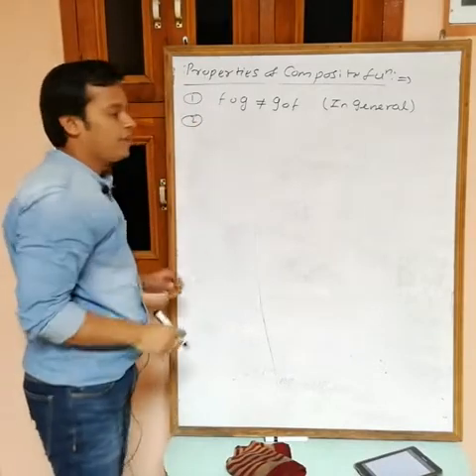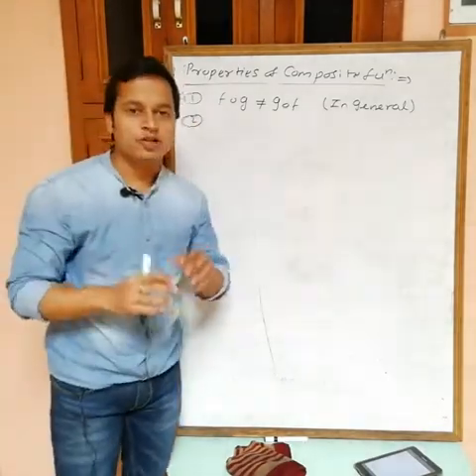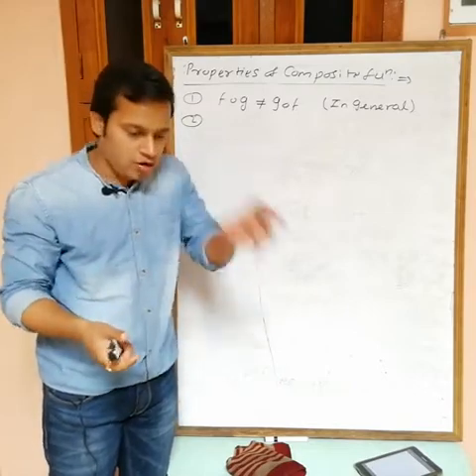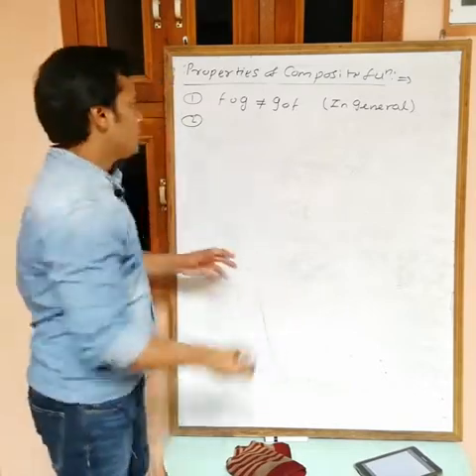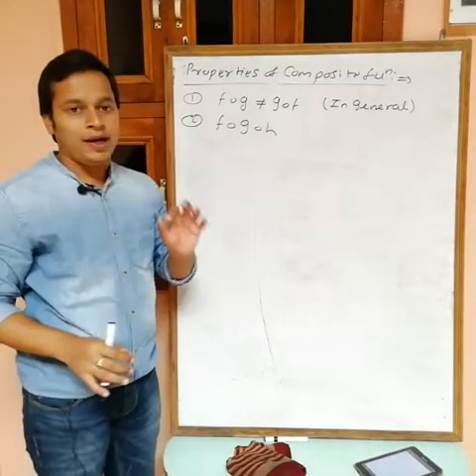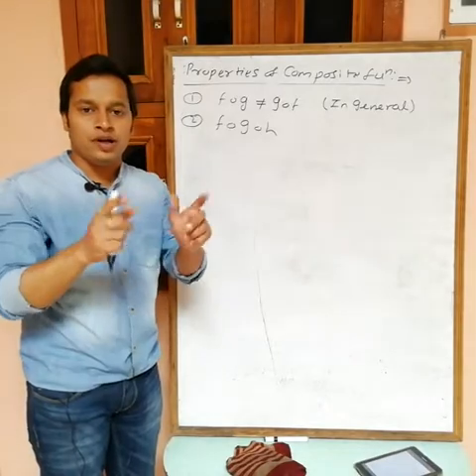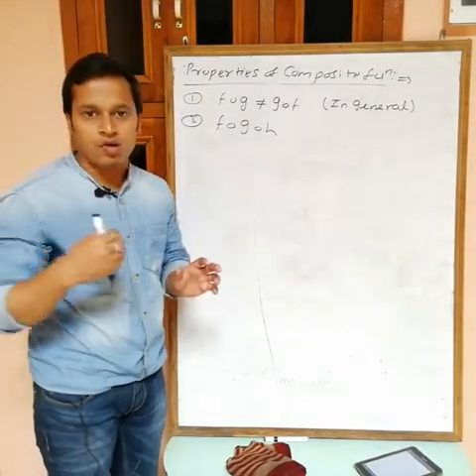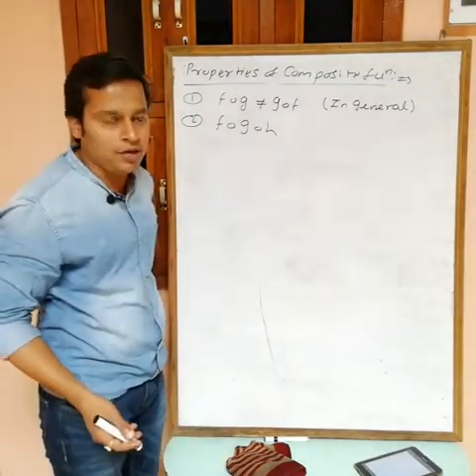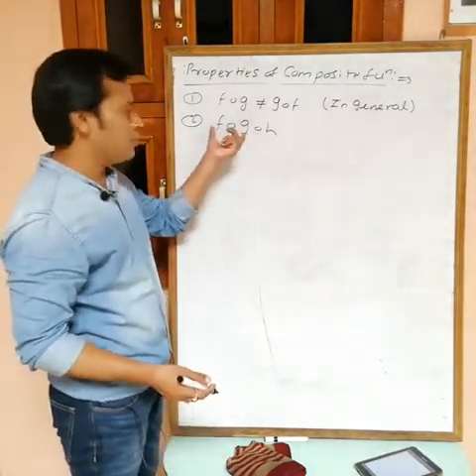Second property, if we are taking composite function of three functions like f, g, h, function of a function of a function, like this one, f of g of h, then at one time we can take only composite of two functions. Directly you can't find for all three. So at one time we have to take any two, so either you can take this one or you can take this one.